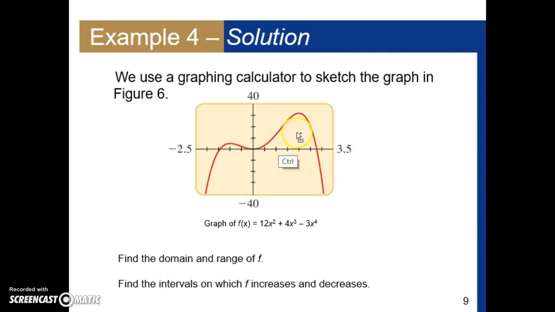So we look for intervals over which a function might be increasing or decreasing. And those intervals change whenever we have a hill or a valley. So this function is increasing for all input values over this interval. It looks roughly like from -4 to -2.